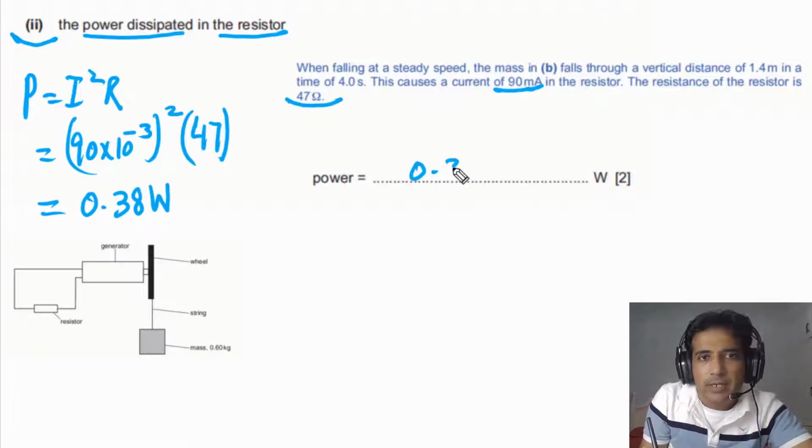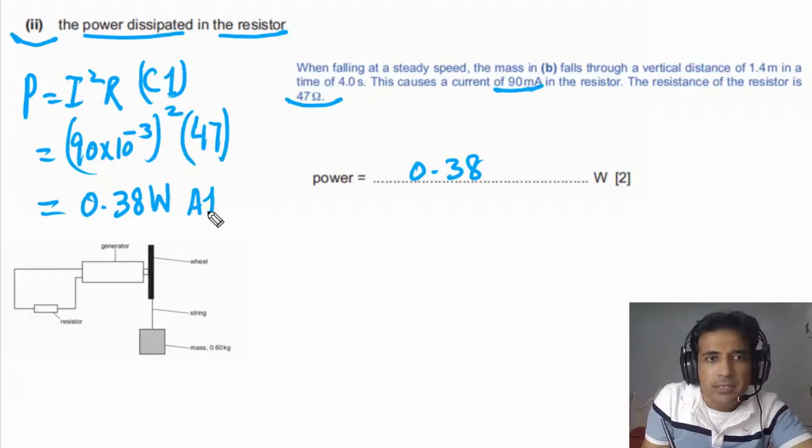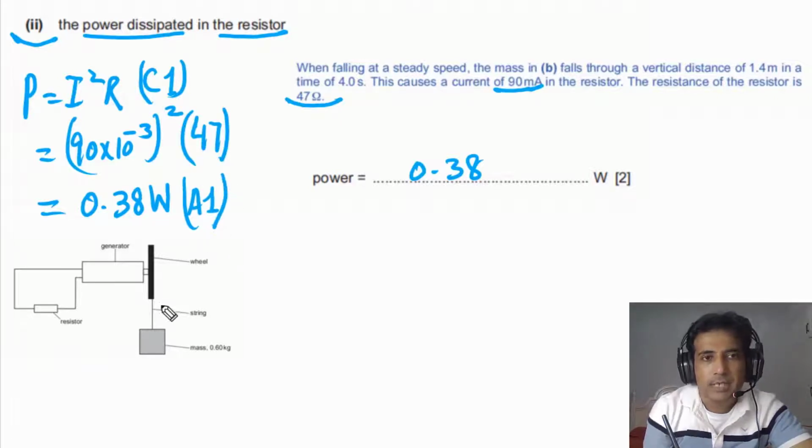This question has 2 marks. The first mark you get if you have written the formula, and the second mark is the answer mark. If you have got the right answer, you will get 2 marks.